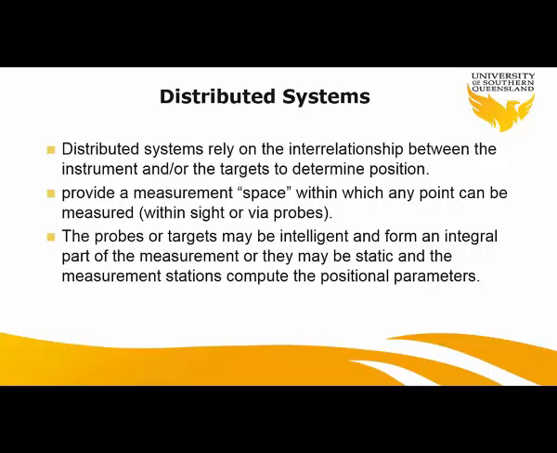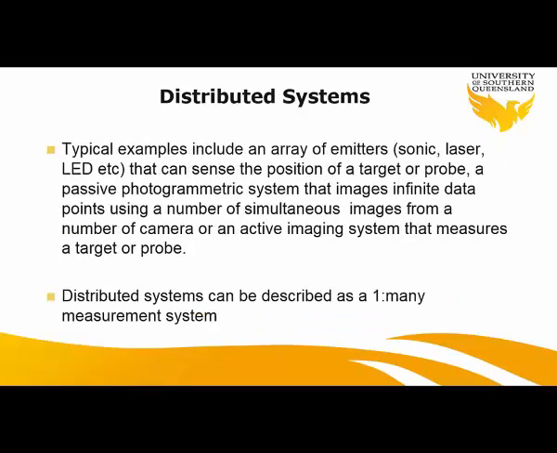An example of that might be the photogrammetry method, where you take an image and later on you can get the coordinates of the points based upon the coordinates of the camera station.